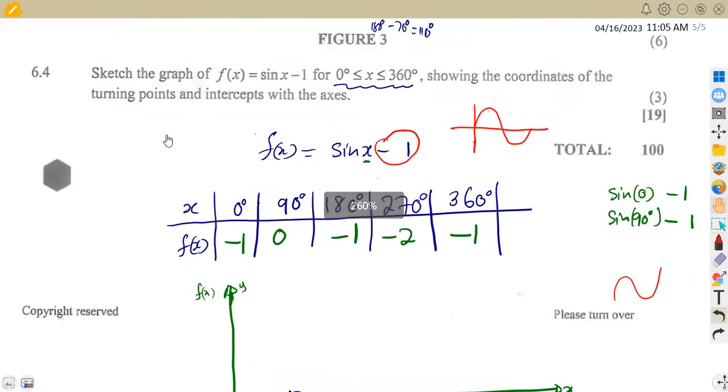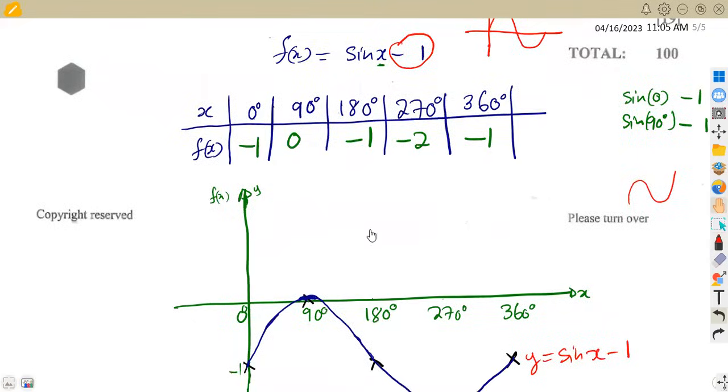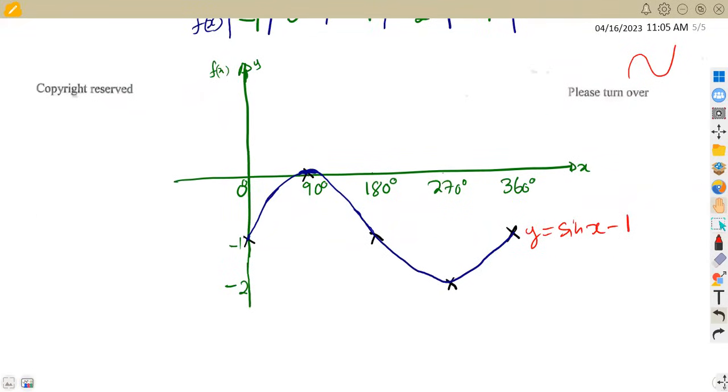In this case, we've got our turning points and the intercepts. The turning point at 90 degrees versus 0 is a turning point. Another turning point is at 270 degrees versus -2.